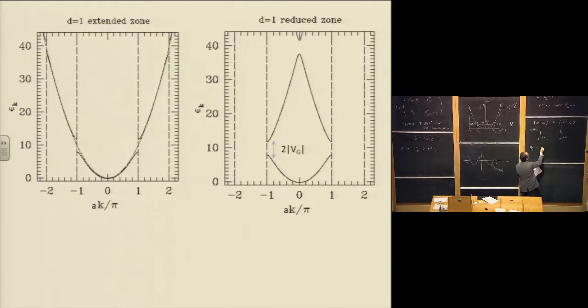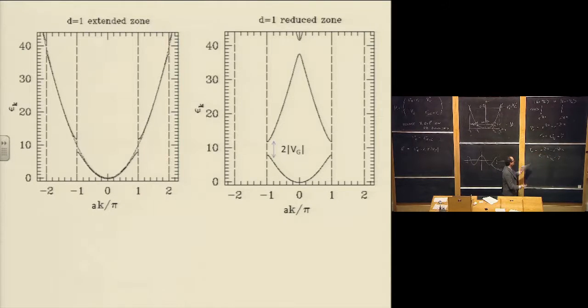Our psi plus will be e to the i pi over A x plus e to the minus i pi over A x, and its energy E plus is E sub pi over A naught plus V twiddle. And the other eigenstate, psi minus, is e to the i pi over A x minus e to the minus i pi over A x. And its energy, E minus, is E naught pi over A minus V twiddle.